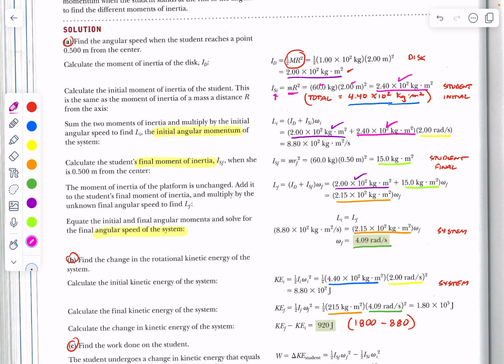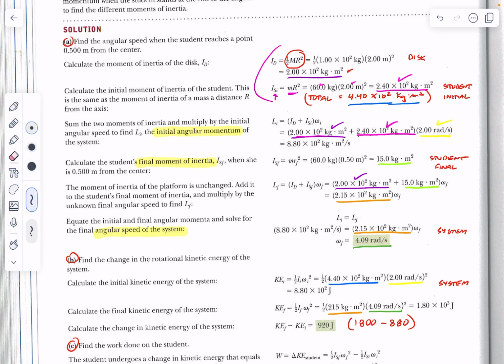Now, when we add up the two values to get the total rotational inertia of this rotating disk with the student at the very edge of the disk, you add these two values together, and that value you can see is in red. Now, here again is the total rotational inertia, there and there, and we're going to multiply that by the angular velocity, which is in yellow right there.